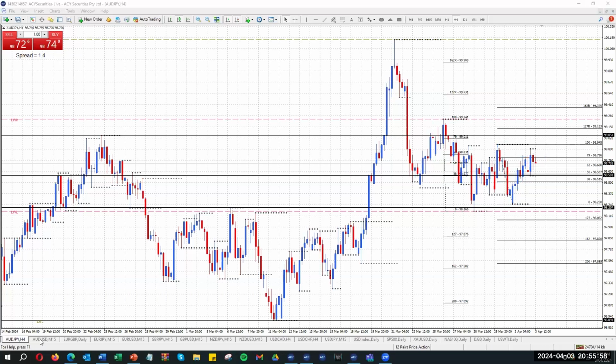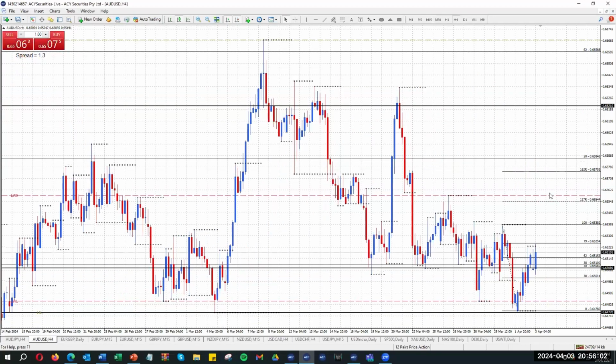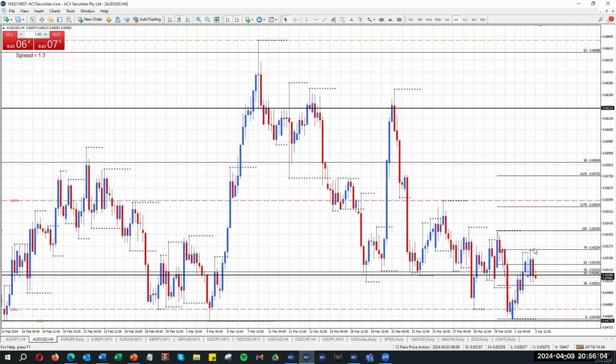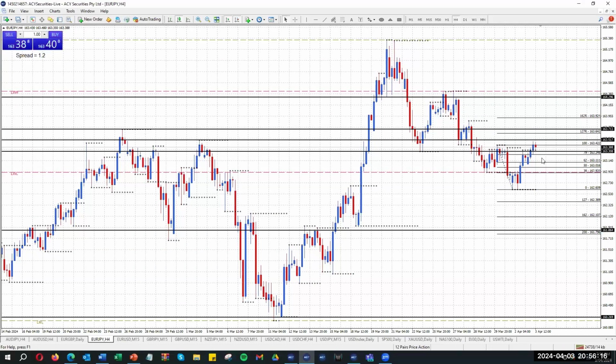All right, let's just pop through a few more. One here on the Aussie dollar, we haven't quite got to the 79% pattern today, missed it by 1-2 pips. Had that drawn in from yesterday. Euro yen's been moving up.